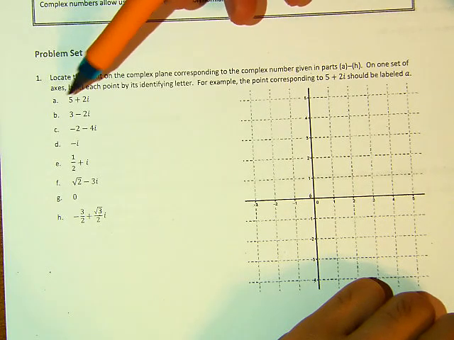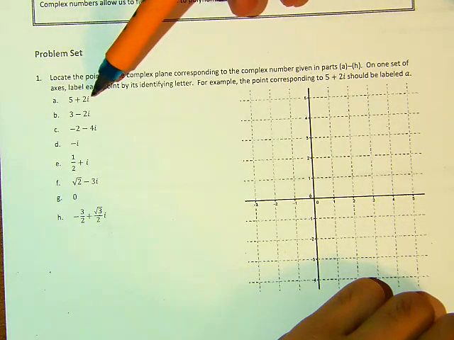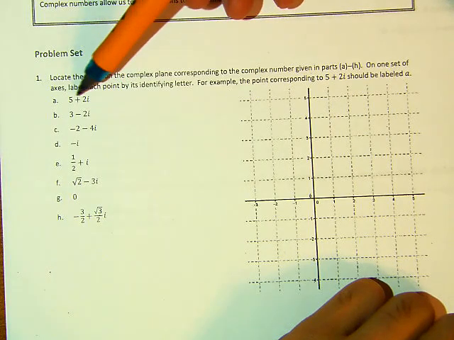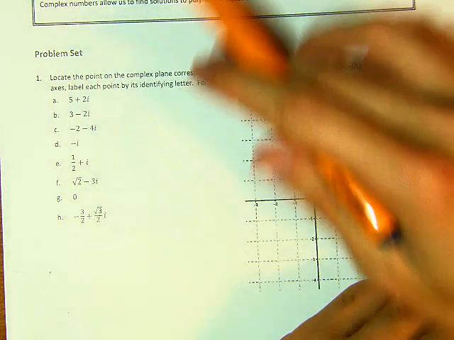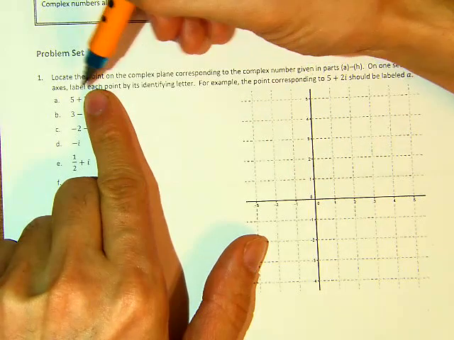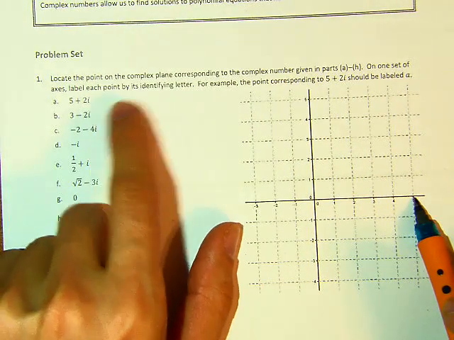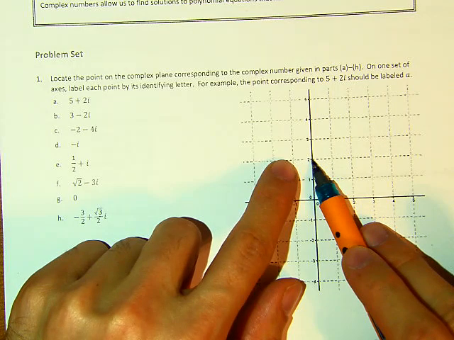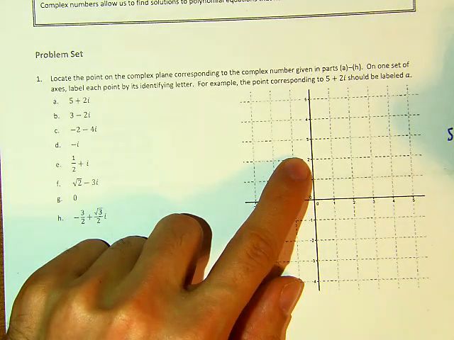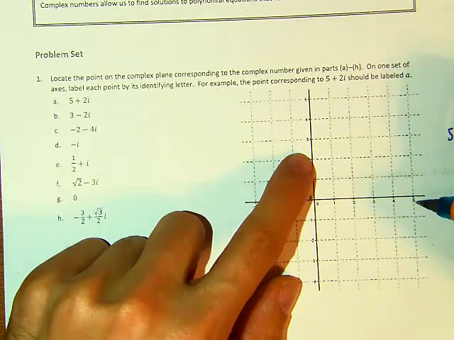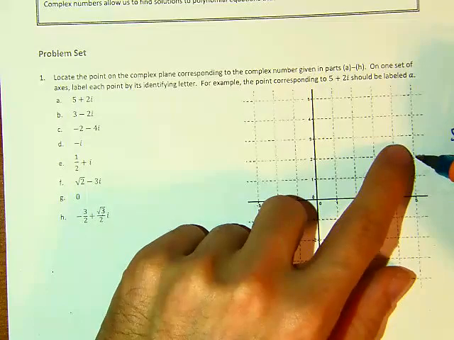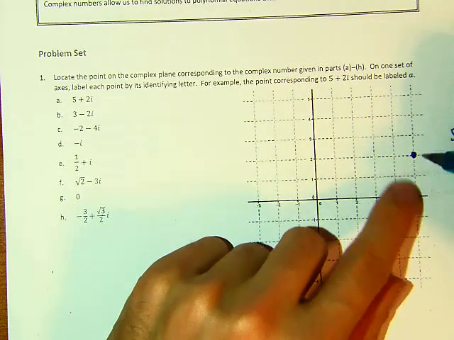Let's look at A. It says, where is 5 plus 2i? Let's do it one at a time. Where's 5? 5 is here, and 2i is here. So 5 plus 2i has to be here. This is 5 plus 2i.